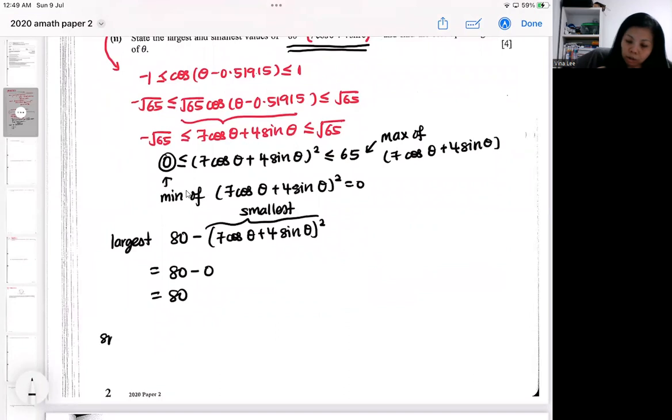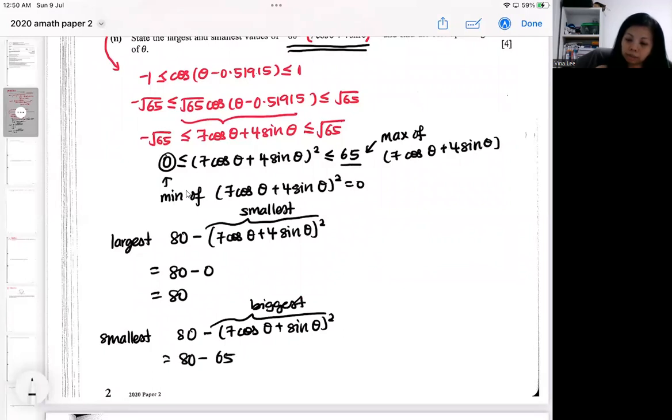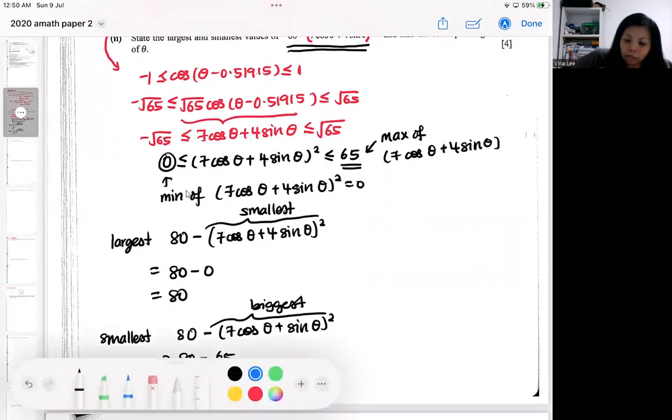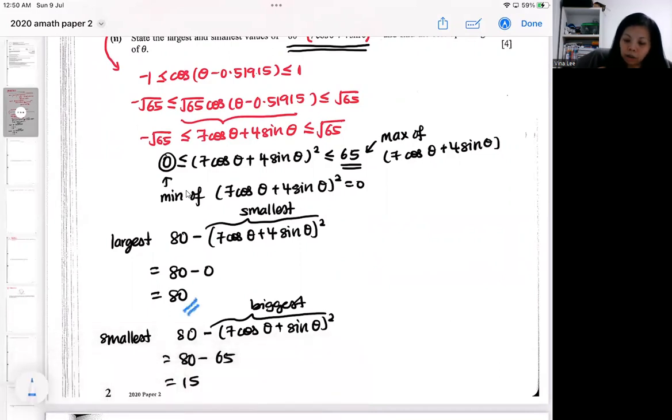And then if I want the smallest of 80 minus this, then this has to be as big as possible, which is the 65. So the smallest is 15. The largest is 80, the smallest is 15.